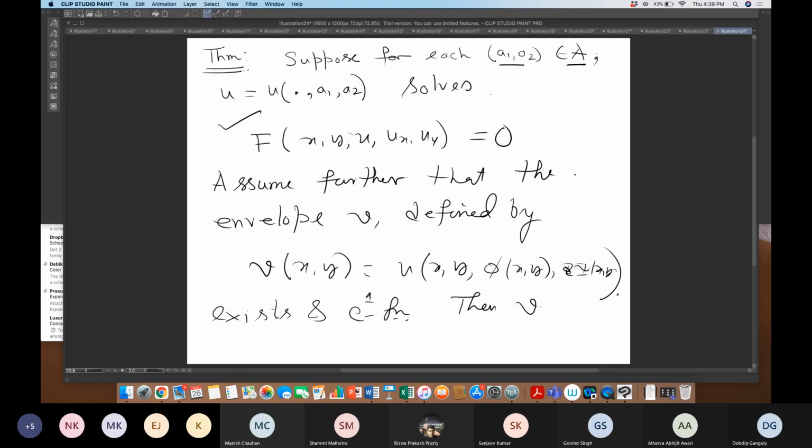Then v also solves f(x, y, u, ux, uy) equal to 0, and this v is called the singular solution. Is it clear?